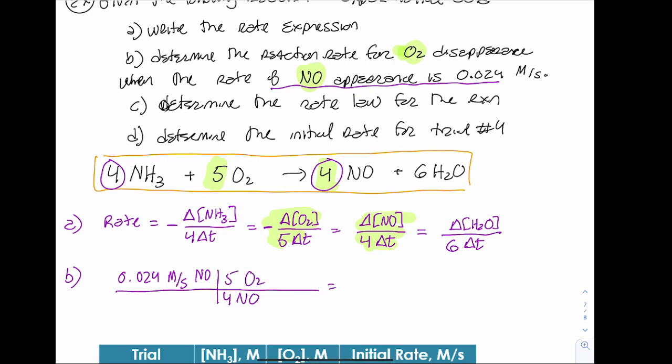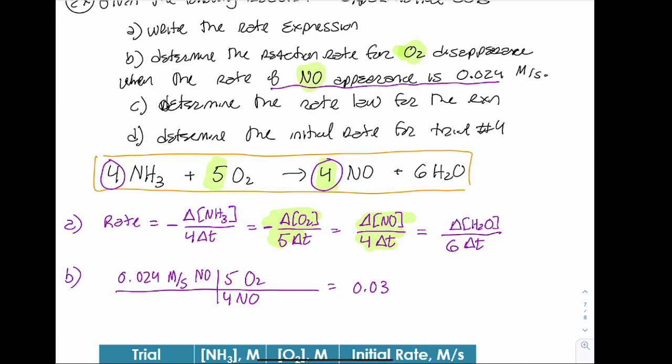So I'm grabbing my calculator, 0.024 multiplied by 5 divided by 4 comes out to 0.03. I do need 2 significant digits, right? Those coefficients are counting numbers, they're exact numbers, so they don't count for significant digits. 0.024 is 2 significant digits, so I do need 2 in my answer.